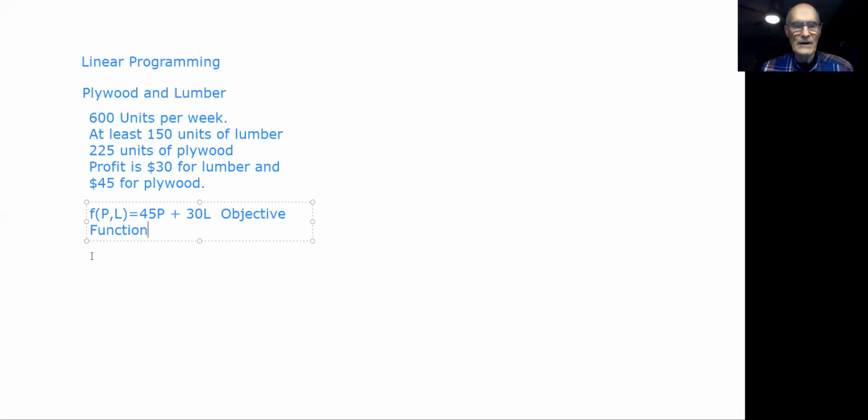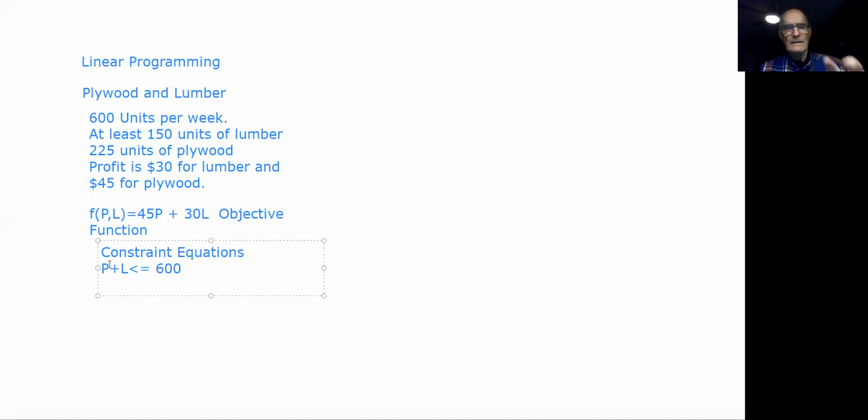Now I have constraint equations here, so we'll look at what are called constraint equations. First, I have 600 units of capacity, so P plus L is less than or equal to 600.